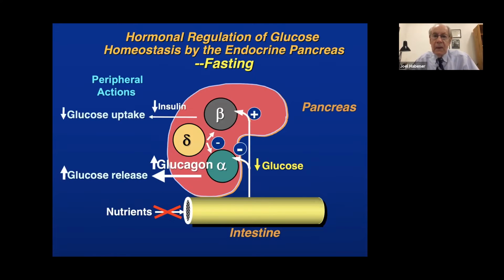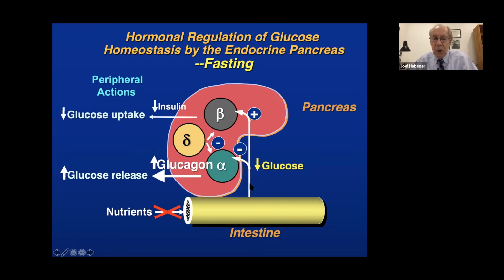Now, the regulation of glucose homeostasis by hormones in the endocrine pancreas. Here we have a model that shows the pancreas and the alpha, beta, and delta cells in the fasting state, where there are no nutrients entering the intestine.